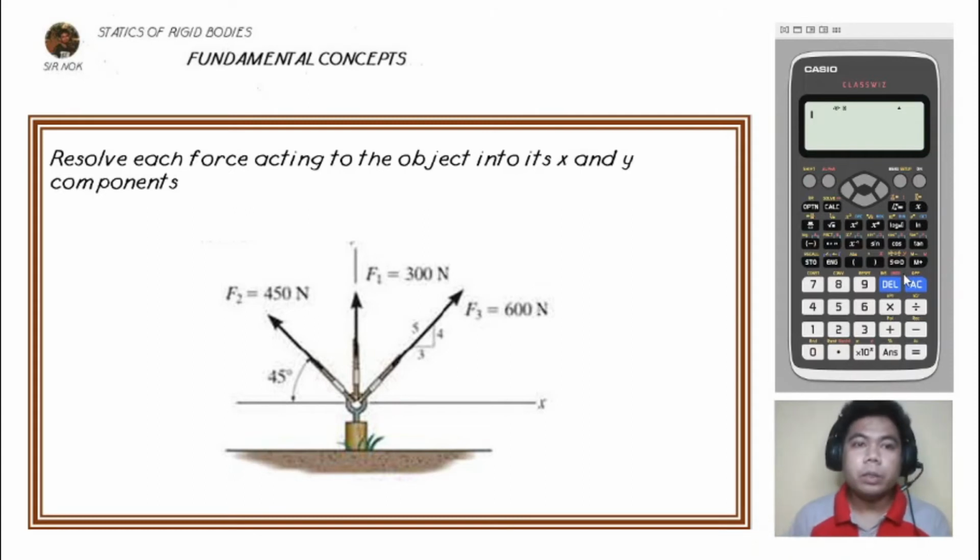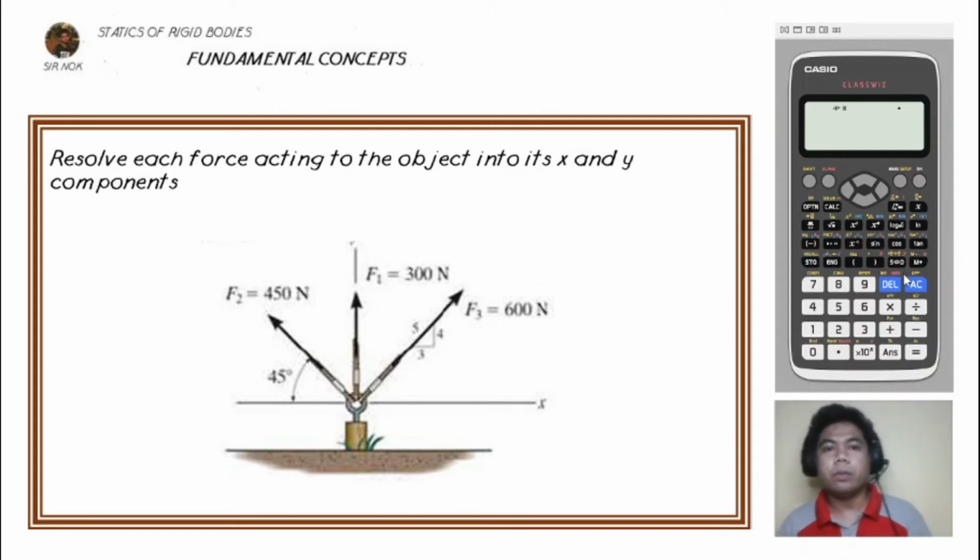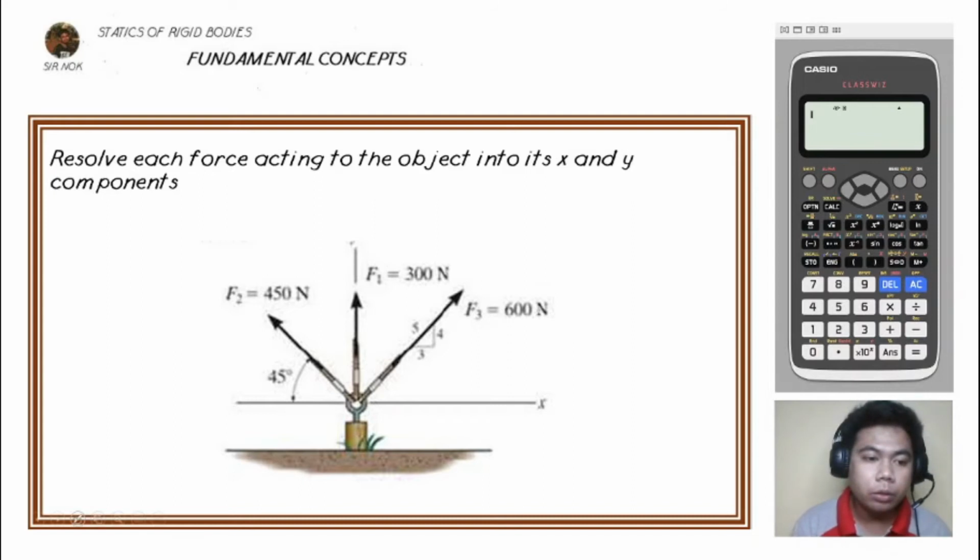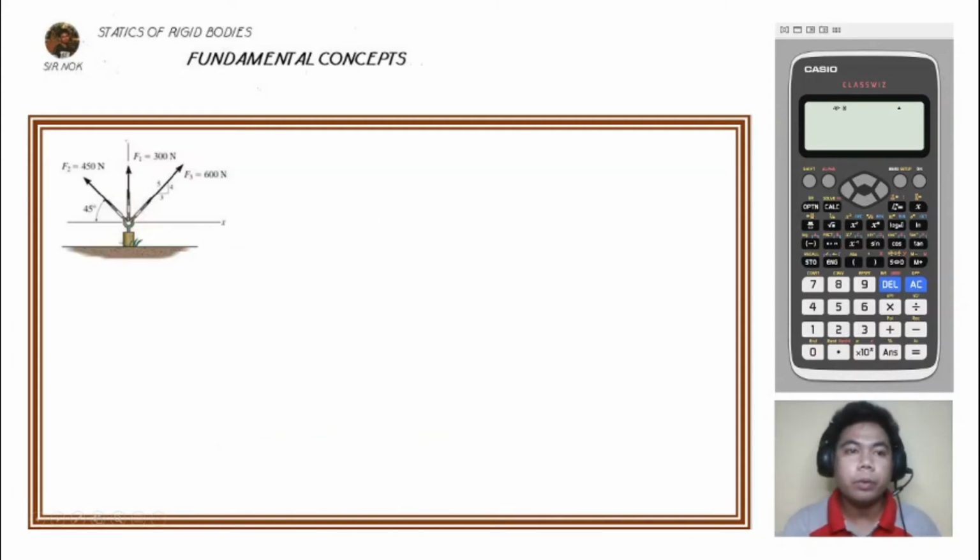So we have example number 1. Resolve each force acting on the object into its x and y components. So we have F1, 300 newtons, F2, 450 newtons, and F3, 600 newtons. So first, we're going to solve the x and y components of force 1.